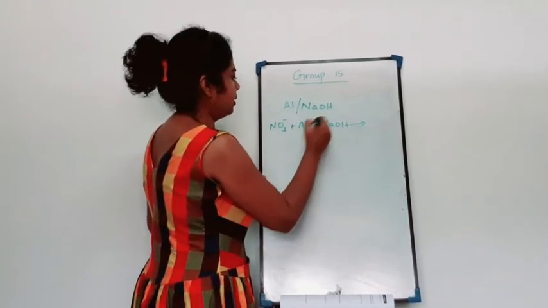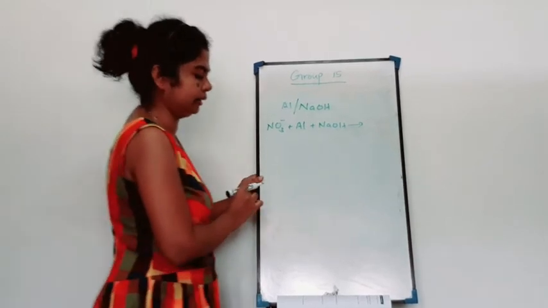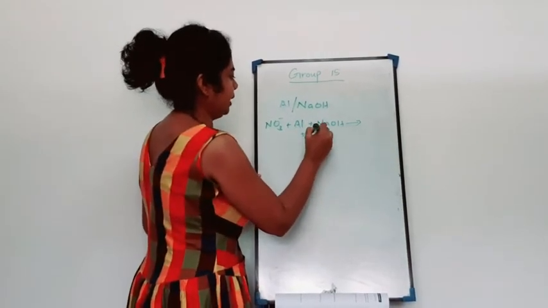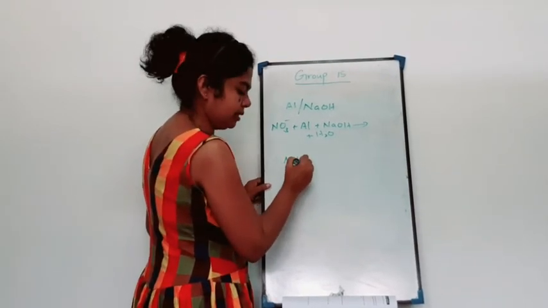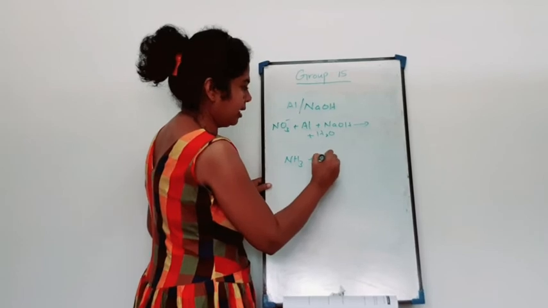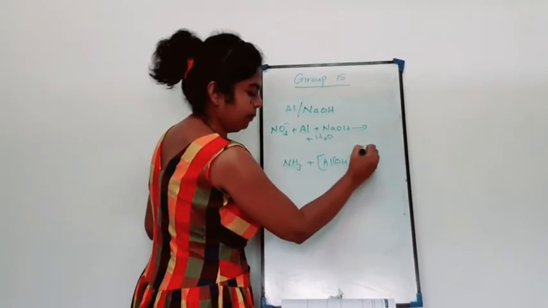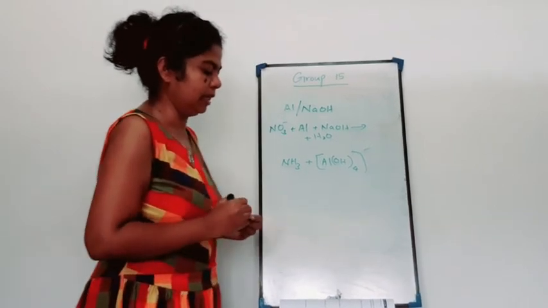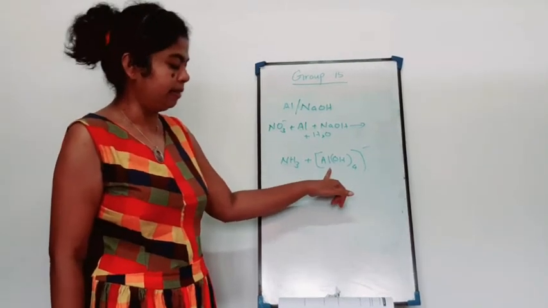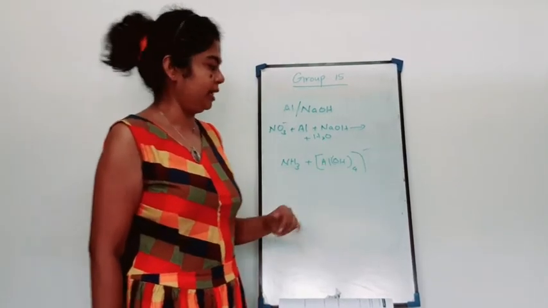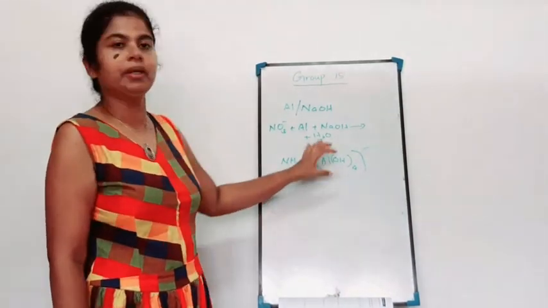OH minus is given by the sodium hydroxide, and water is also there. The products are ammonia gas and the aluminium hydroxide complex ion, the tetrahydroxidoaluminate ion.